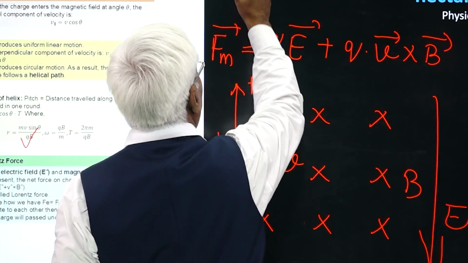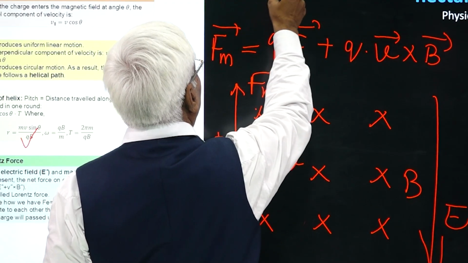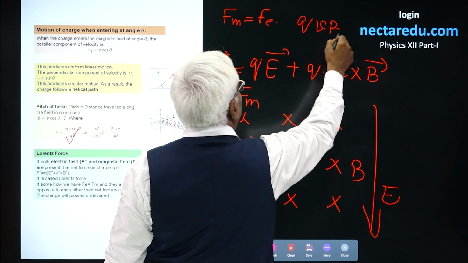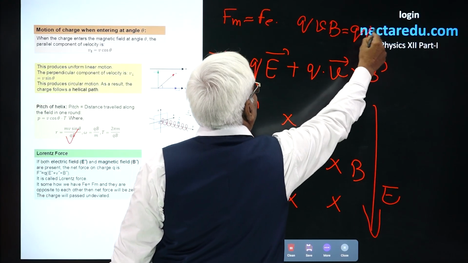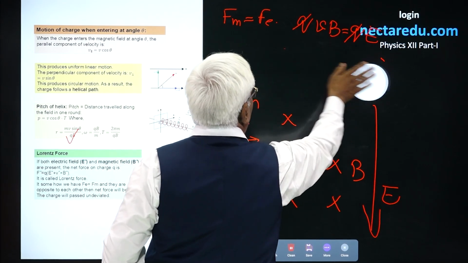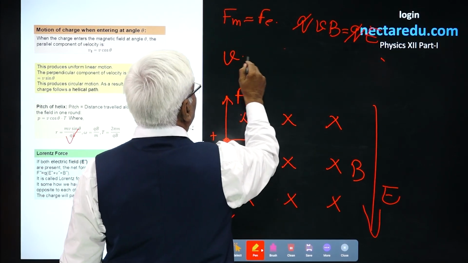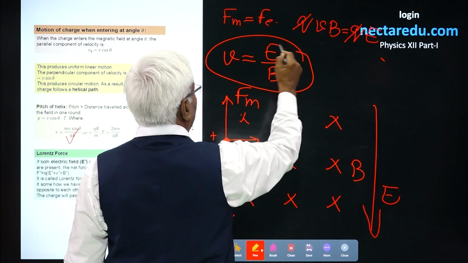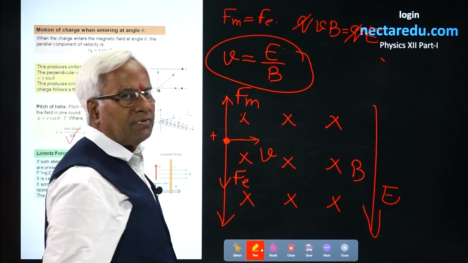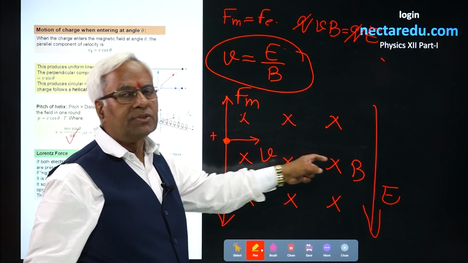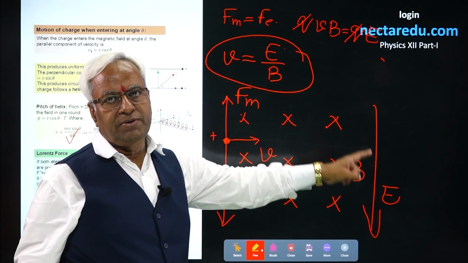When you say Fm equal to Fe, that means qvB should be equal to qE. q gets cancelled and you get one final condition, that is v equal to E upon B. If this condition is satisfied, both the forces will be there, but no combined effect. The charge will pass undeviated along the same direction.